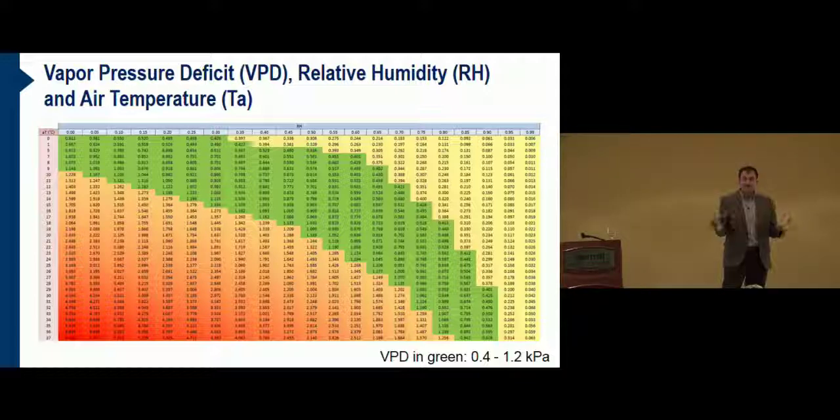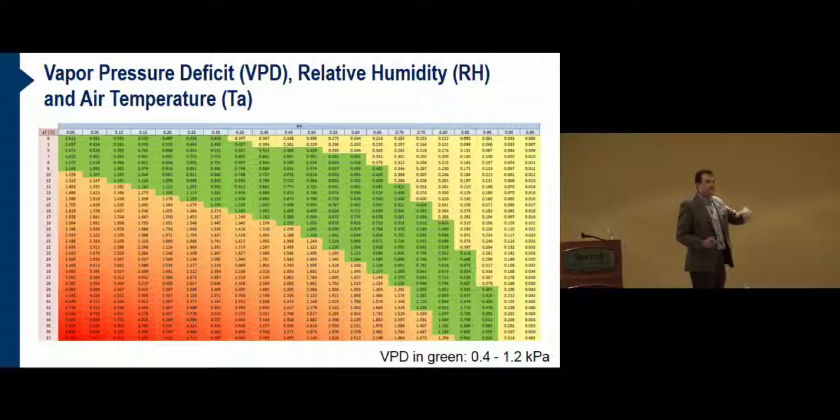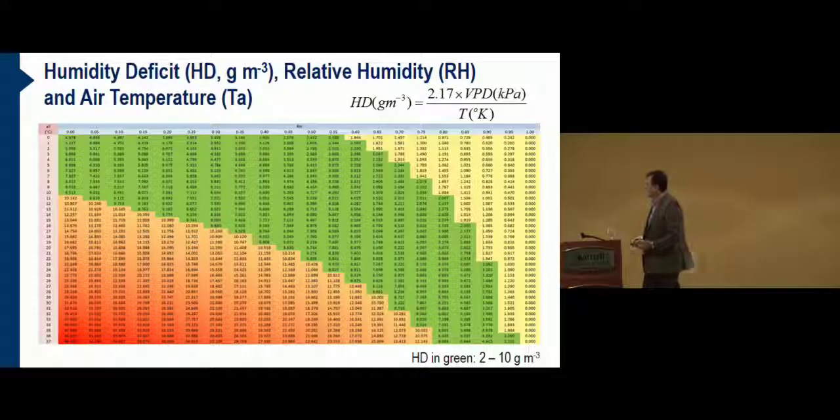This is a range which is comfortable for the majority of the crops grown in controlled environments. So you can log the data and then look at the hours that you have within this vapor pressure deficit range to determine what adjustments you need to make or controls you need to add or manage in your operation.